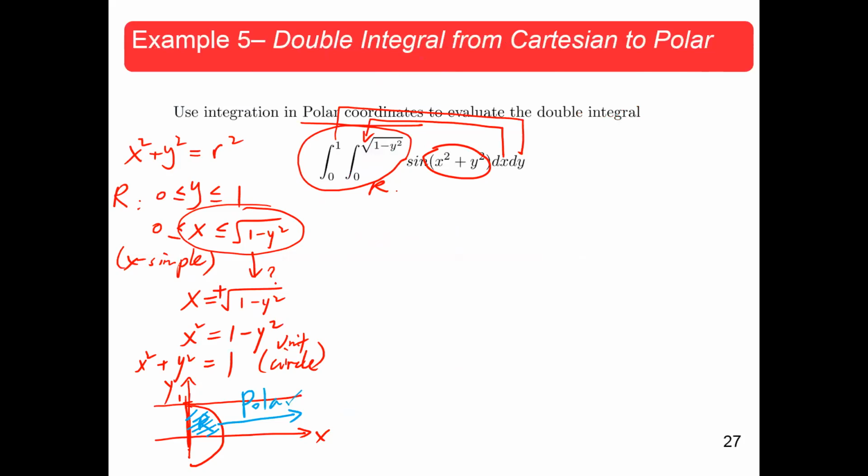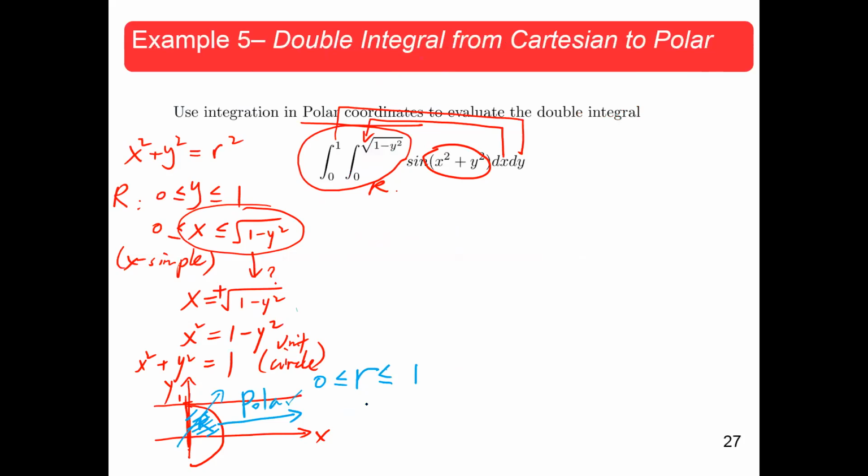So if we describe that in polar, the radius is between 0 and 1, right? Mm-hmm.